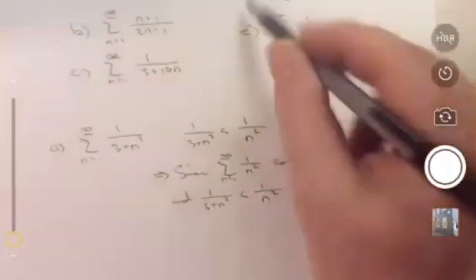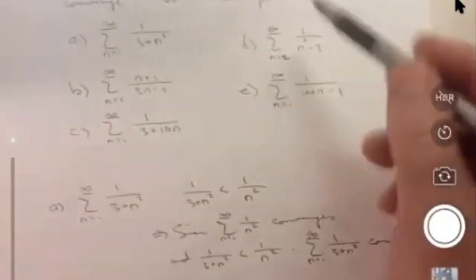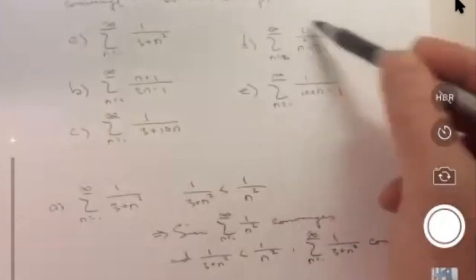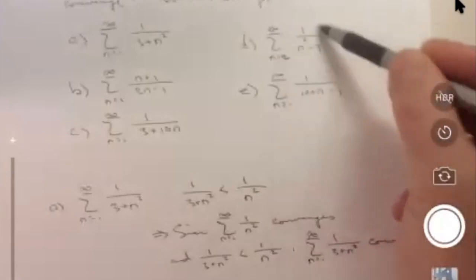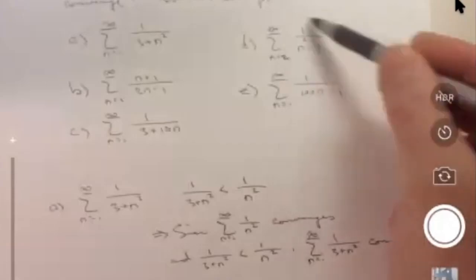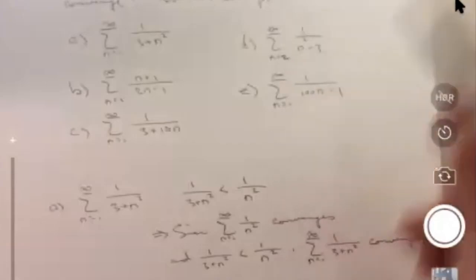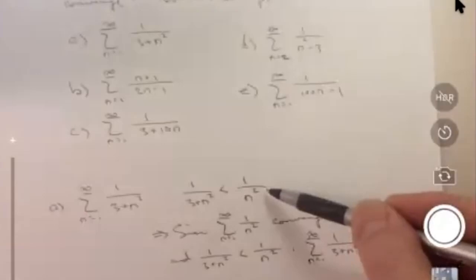You're absolutely right. Now, series D over here also looks very similar to the P series 1 over n squared. The problem with this one is we can't use the argument that we used on the previous series, because as it turns out, the denominators of this series are smaller, which means that the terms are actually larger than the terms of the corresponding P series.